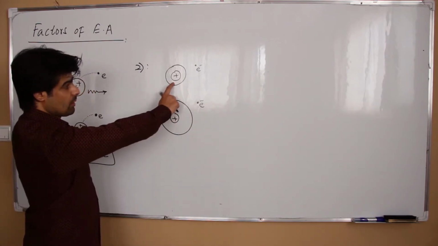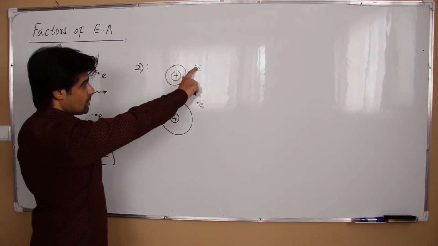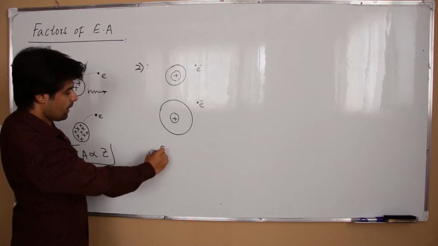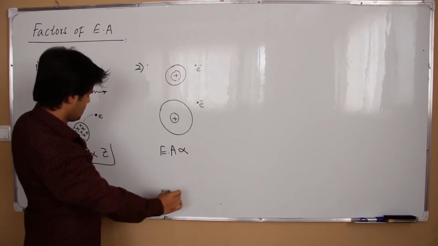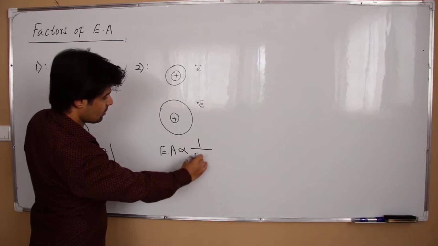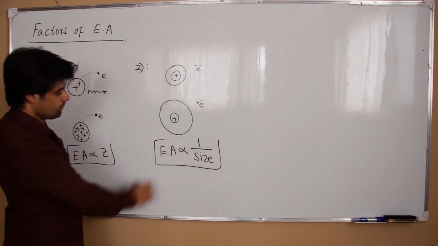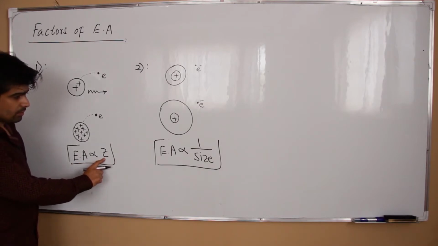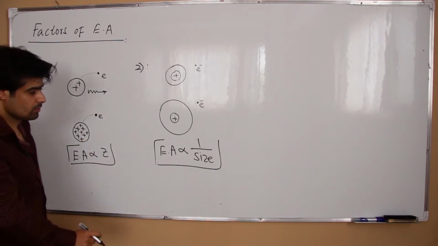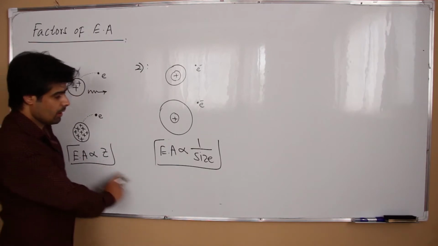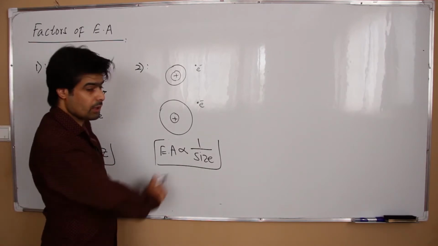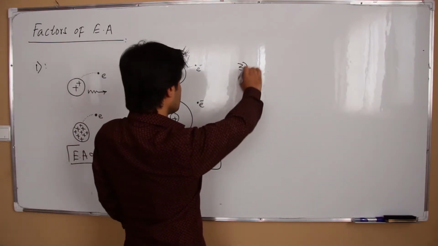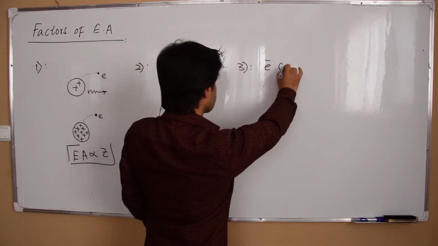I think the first one. Why? Because this electron is near to its nucleus. So we can say electron affinity is indirectly proportional to the size. Directly proportional to Z or number of protons or atomic number, and indirectly proportional to the size or volume of the atom.